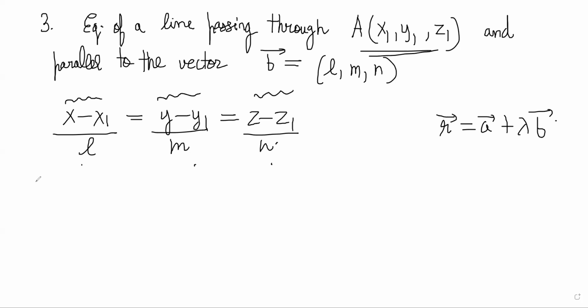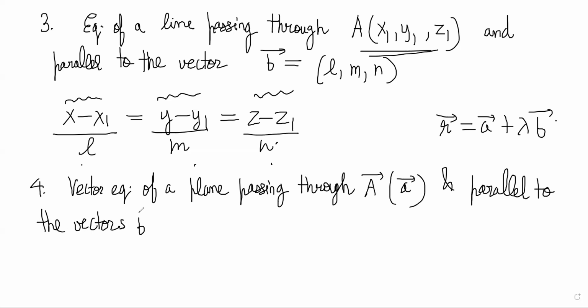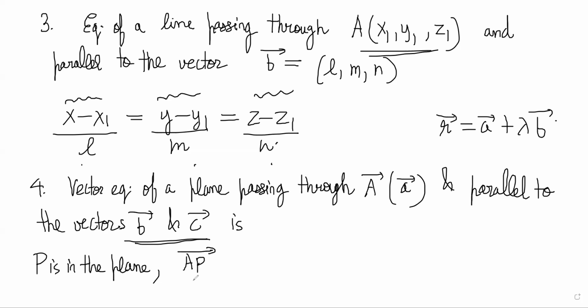Okay. Then the next point is the vector equation of a plane passing through point A, whose position vector is A vector, and parallel to the vectors B and C. So what we can do here is the plane is parallel to the vectors B and C. So we can say that if a variable point P is in the plane, then the segment AP is in the plane, and obviously B and C are parallel to the plane.